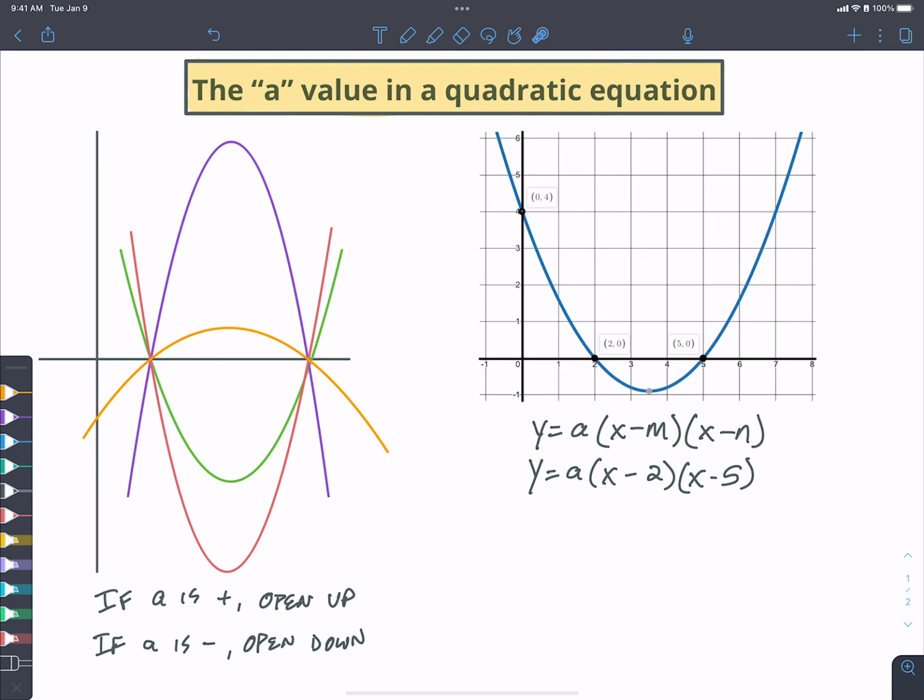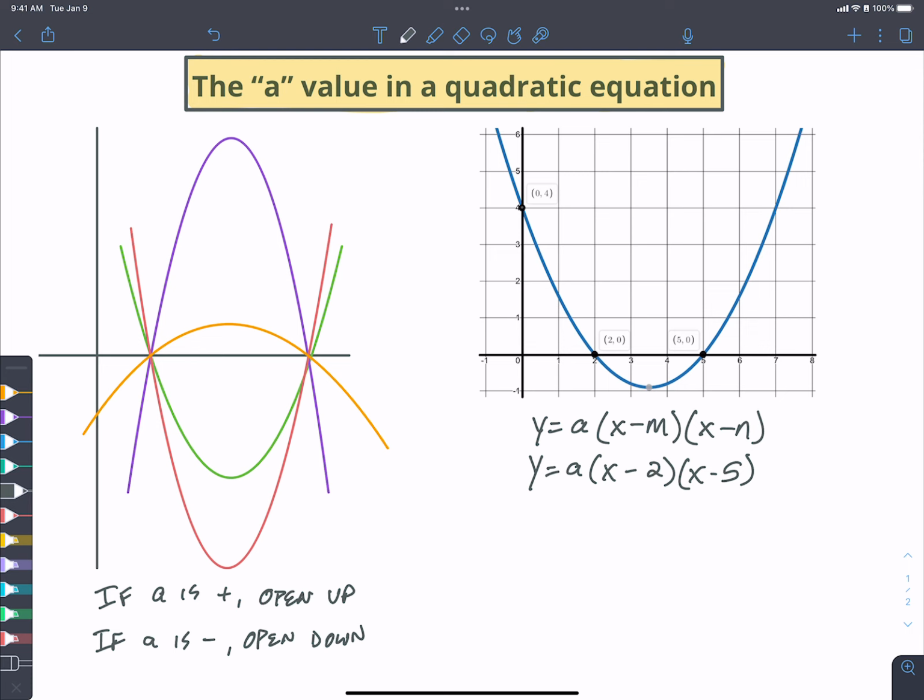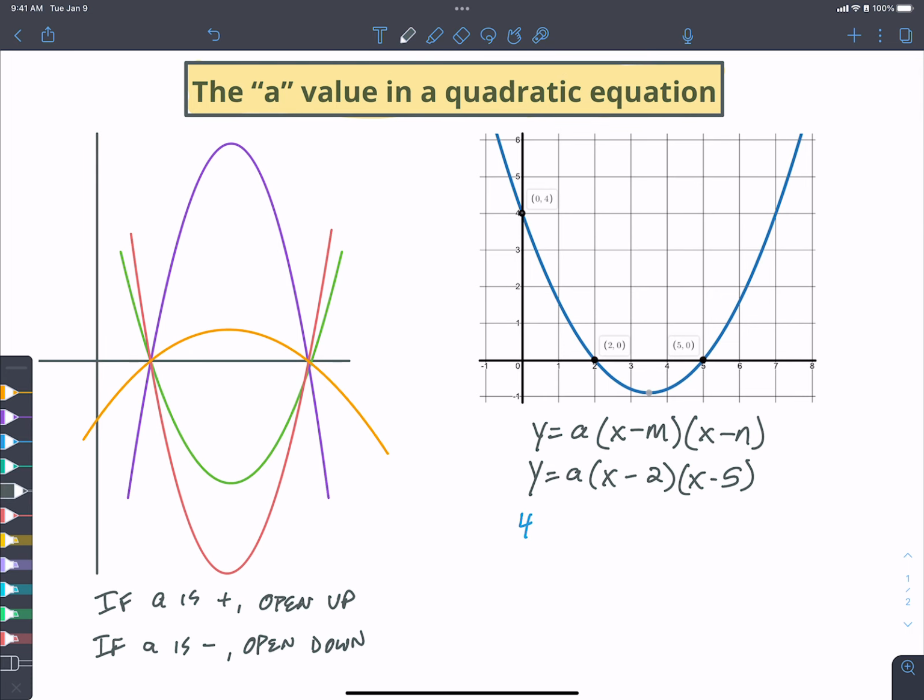So let's do that. Let's drop in (0, 4). 4 is our y value, so 4 equals a times (0 minus 2) times (0 minus 5). 0 minus 2 is minus 2, and 0 minus 5 is minus 5.